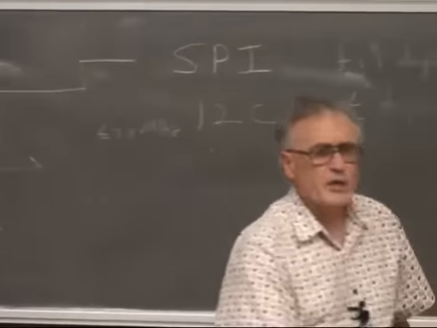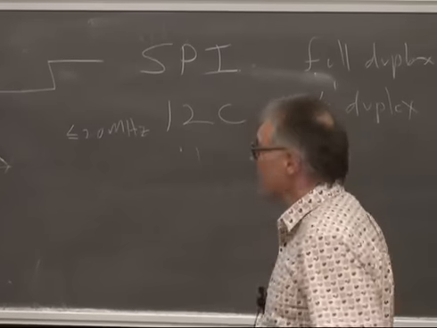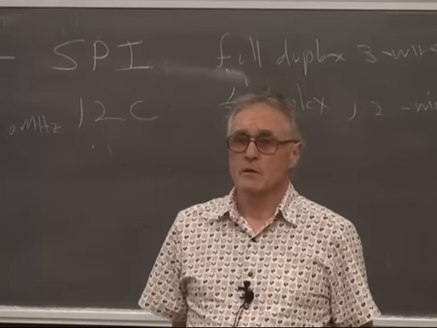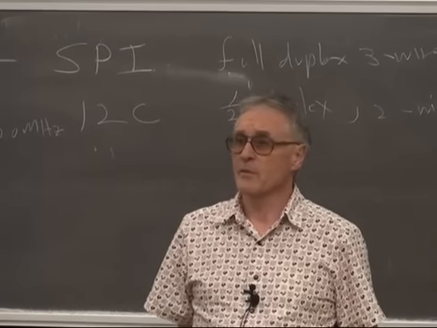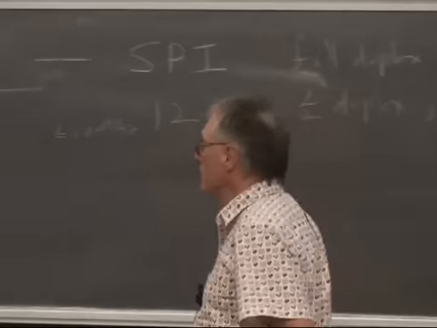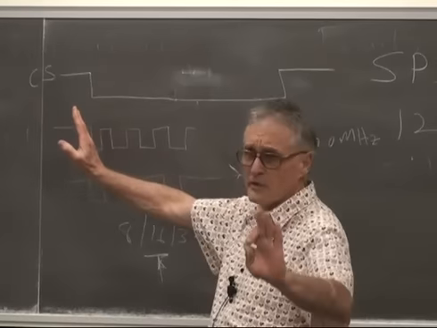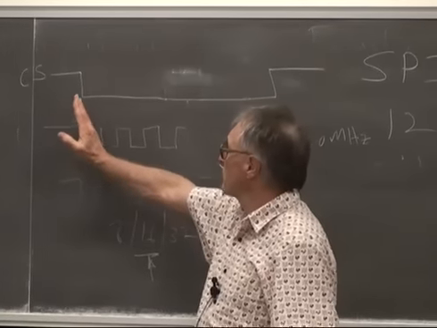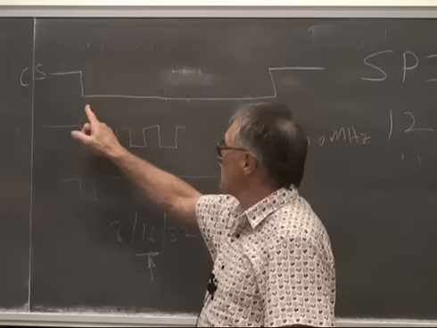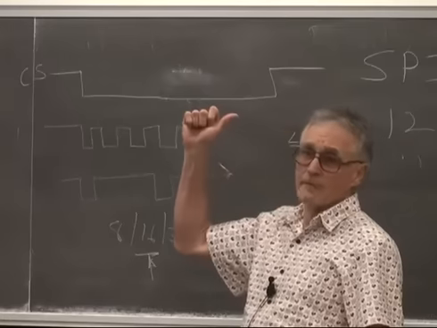So how fast can you load a 16-bit word? 20 megahertz, 16 bits, sounds like 8/10 of a microsecond. So you start the transaction by loading a data register. I'll show you code that does this, but I want to talk it through. You drop the chip select, you load a data register, bits start coming out.